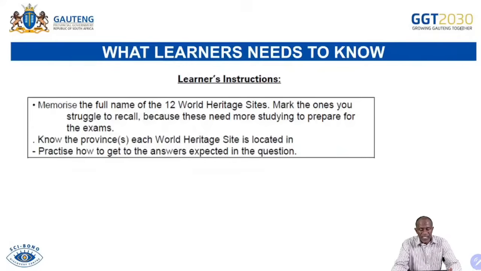Know the province for each World Heritage Site, or where each is located. Practice how to answer expected questions. These are just the tips that you should bear in mind as you prepare for the World Heritage Sites questions, grade 12 learners, rather candidates.